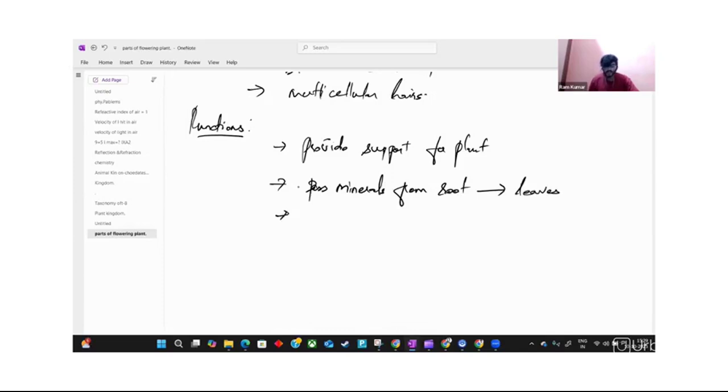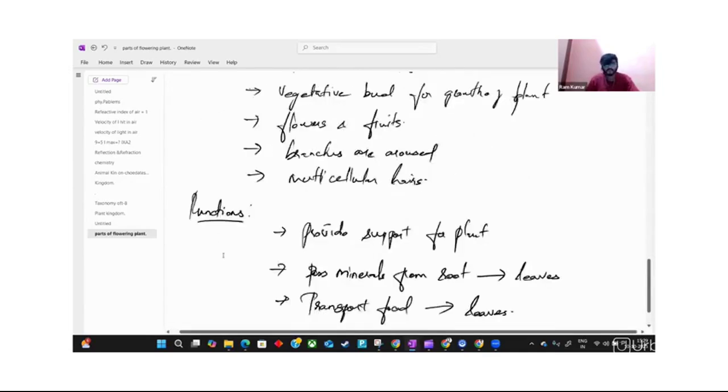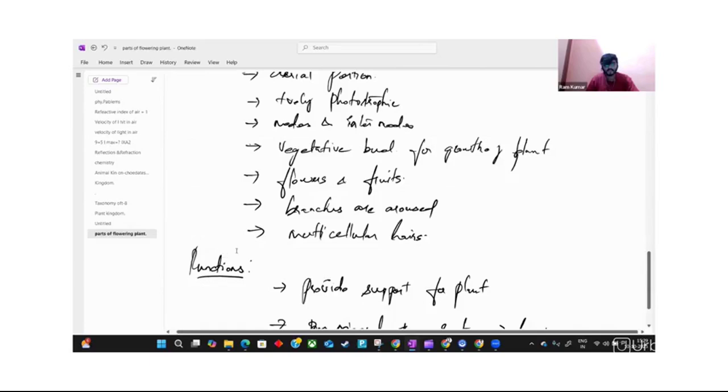Third, it transports food prepared by leaves. So these are the characteristics and functions of the stem.